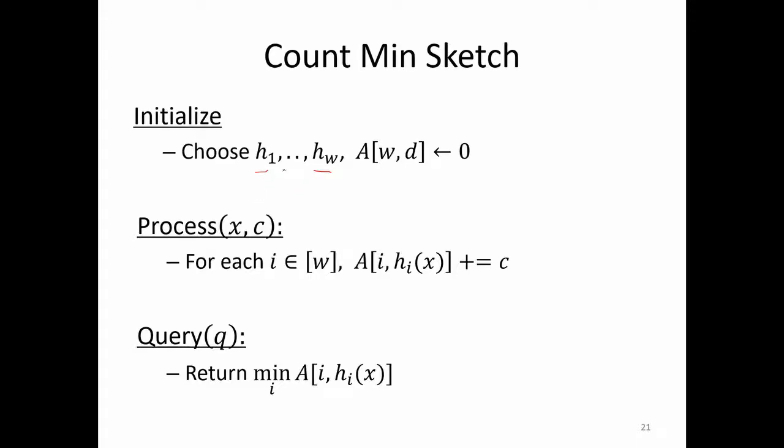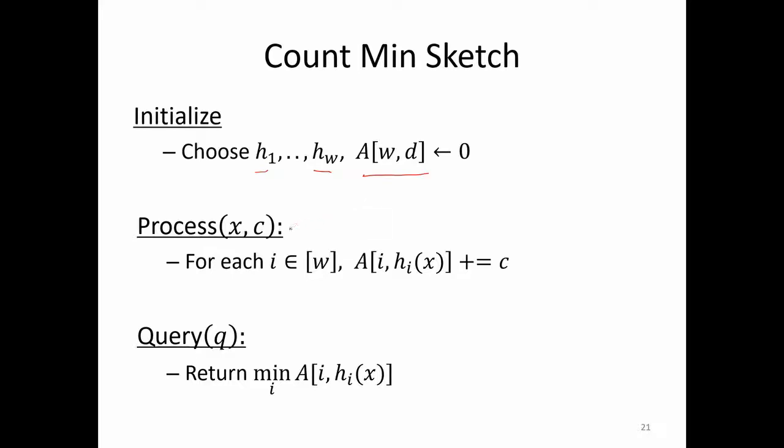These should be uniform random hash functions. And then you have this matrix, which you initialize to 0, so all the counters are initially 0.